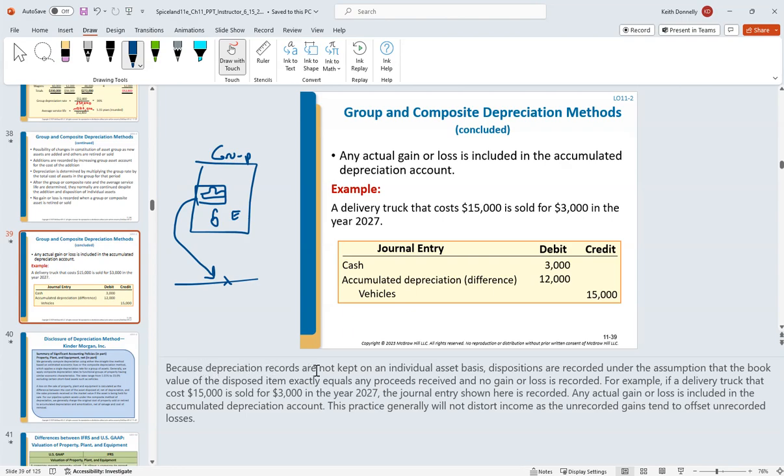It says because depreciation records are not kept on an individual basis, we're doing it by the group. Dispositions are recorded under the assumption that the book value of the disposed item, so this guy right here, the book value, $3,000, equals any proceeds, what we sell it for, 3, and therefore there's no gain or loss.